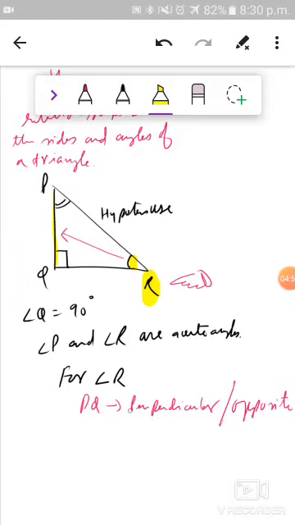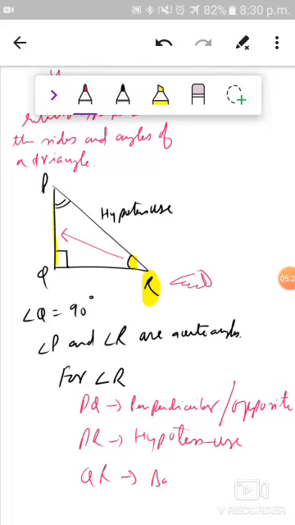So perpendicular is PQ. Now what is remaining? I got hypotenuse. Hypotenuse is PR. And QR is what? QR is base. Now this is the situation for angle R.